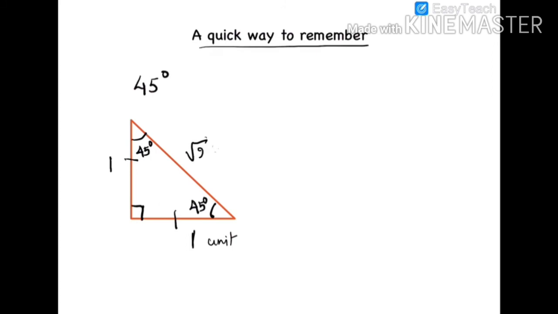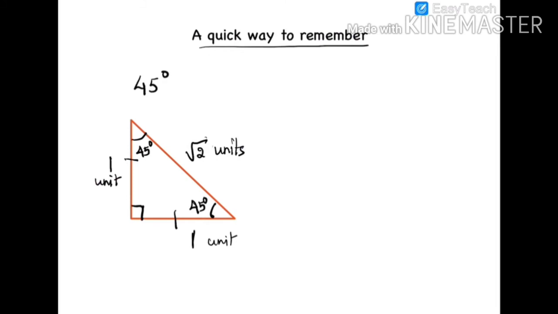Therefore, hypotenuse will be root 2 units. If you remember this triangle and the basic definition for each ratio, then you will be able to write the value of each ratio for 45-degree angle looking at this triangle.